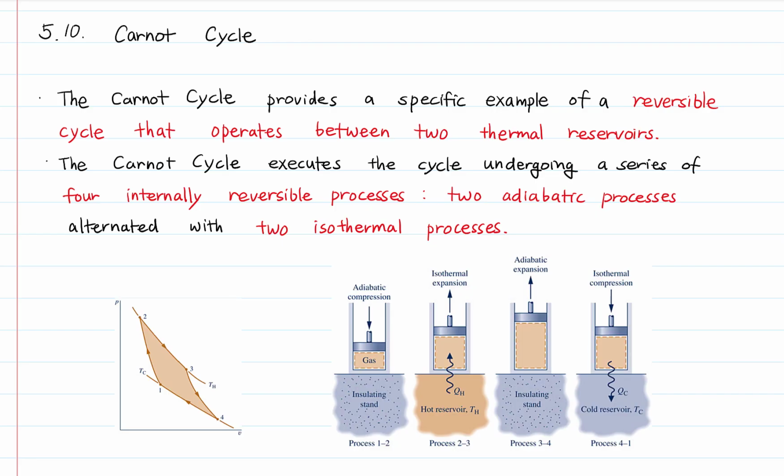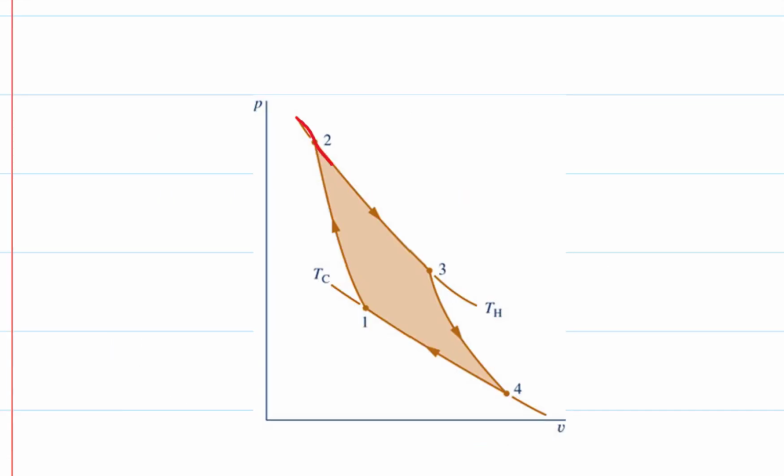The 4 processes in the Carnot cycle are illustrated in a pressure specific volume diagram. This is a constant temperature line at temperature TH. Another constant temperature line, temperature TC.